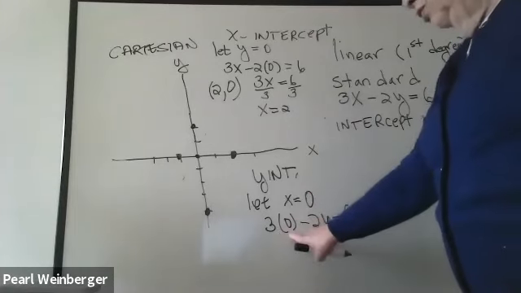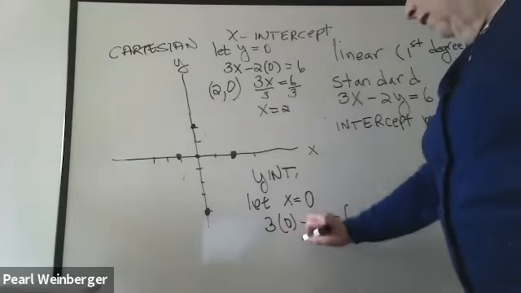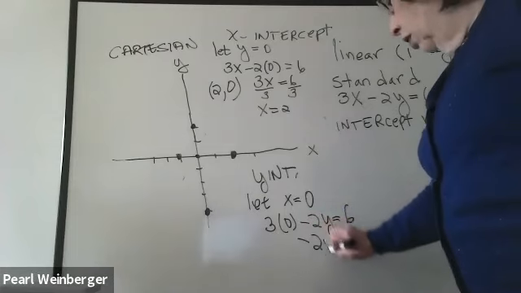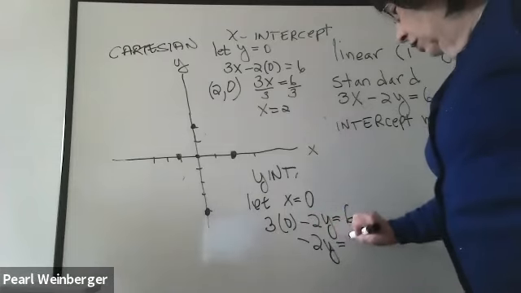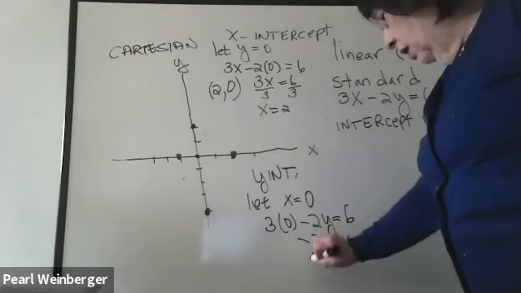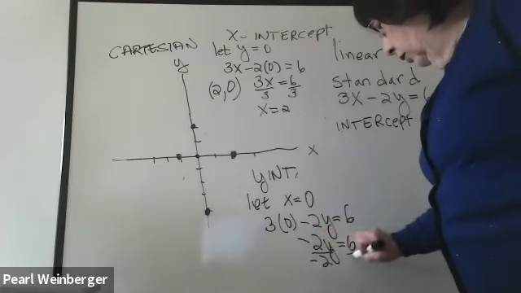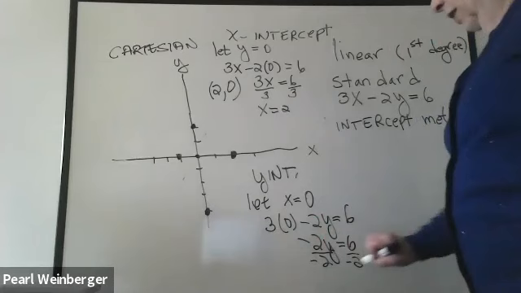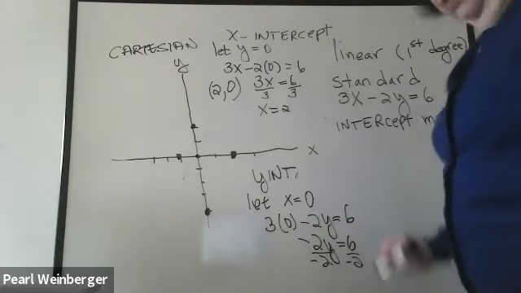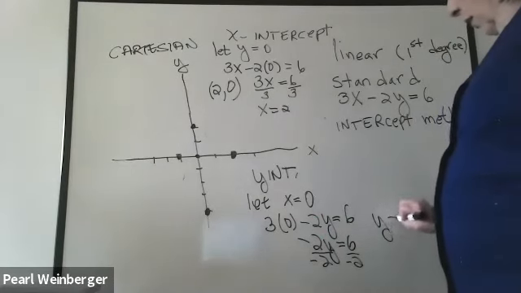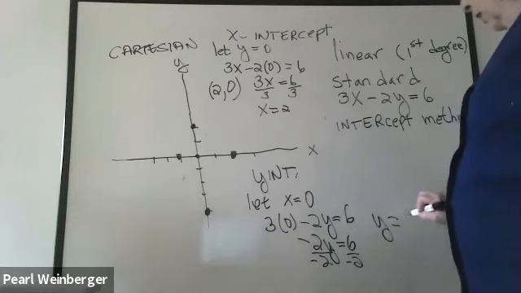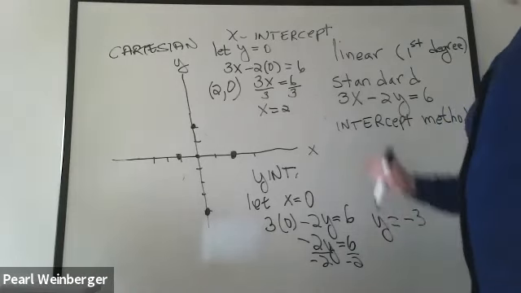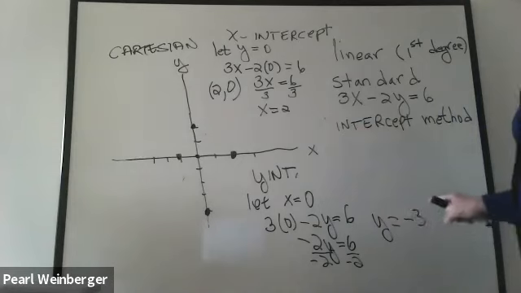And 3 times 0 is 0, so I don't need that. And I get negative 2y equals 6. And that gives me that y equals 6 divided by negative 2, negative 3. My y-intercept is negative 3.